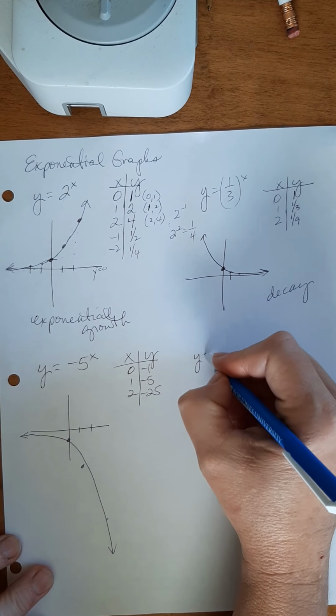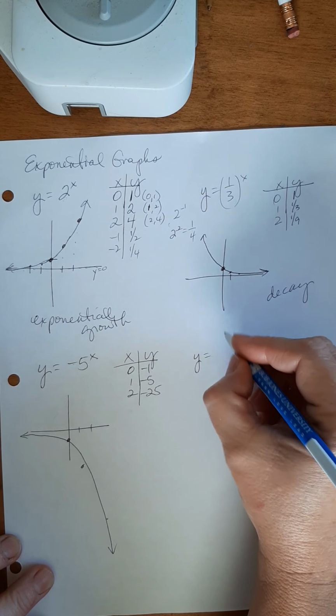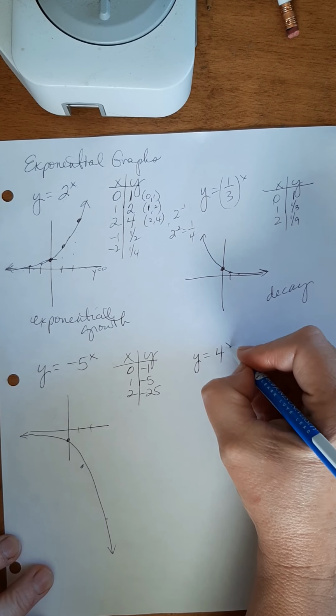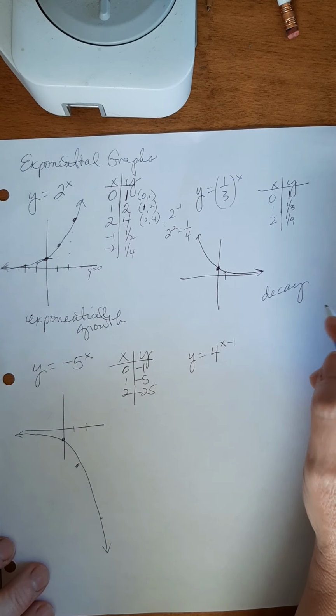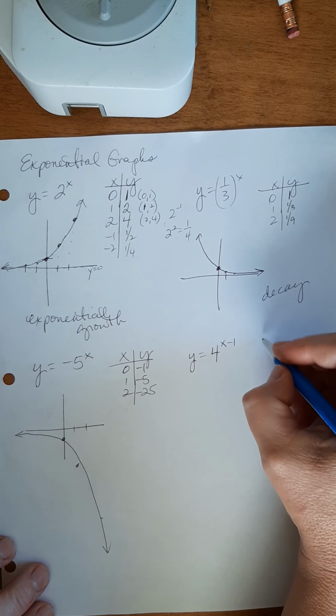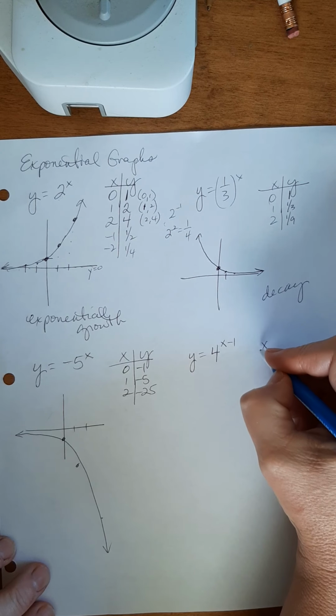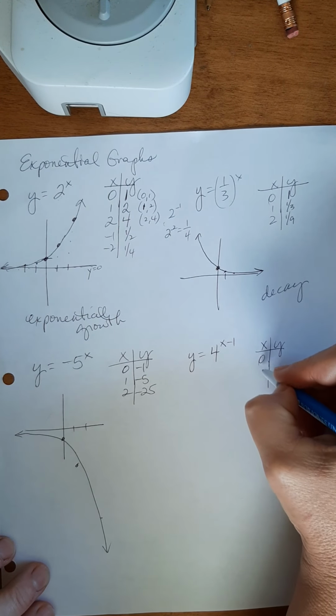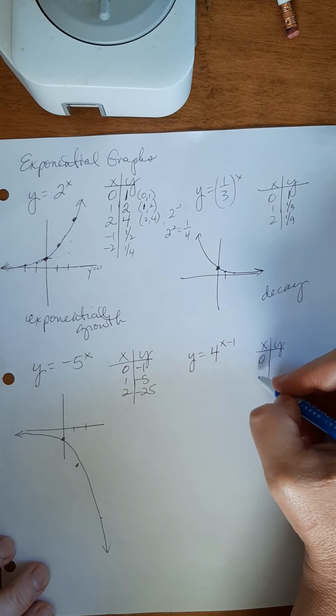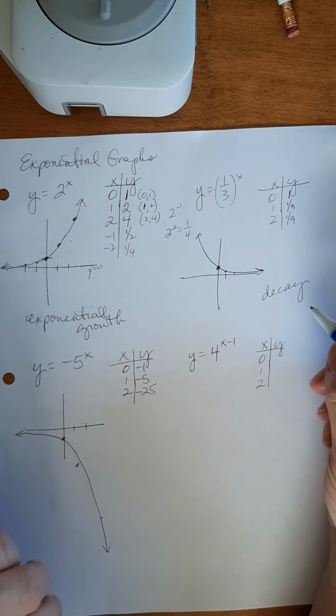Now, they could do weird things to you this year because of the virus, but we're not going to get crazy. Let's say I gave you something like this, and you're like, whoa. Well, there are 2 ways you can do it. You still start off with your chart. 0, 1, 2.